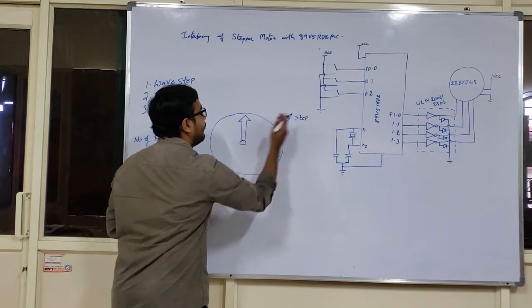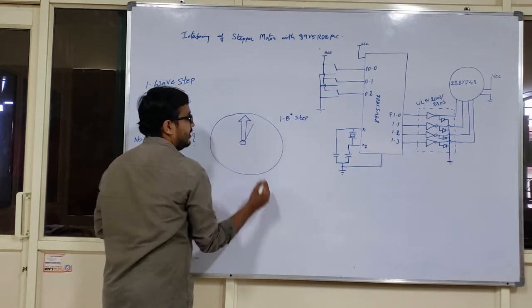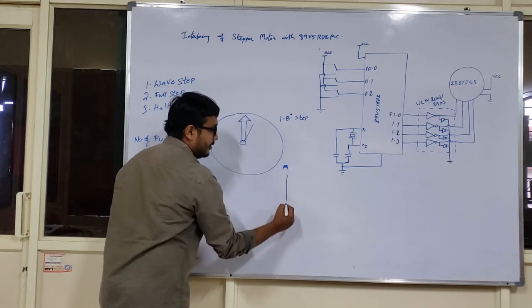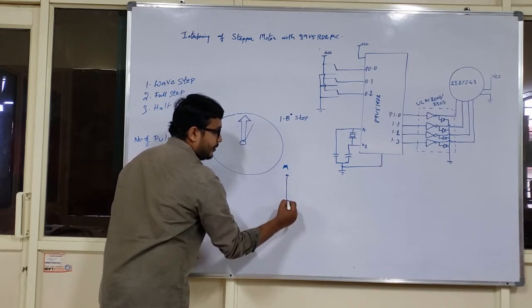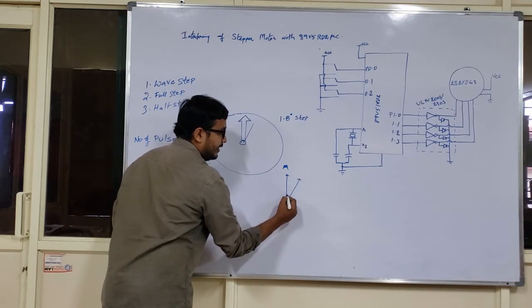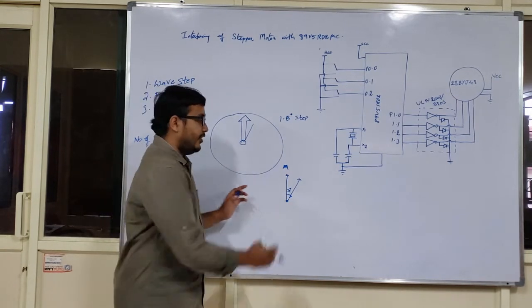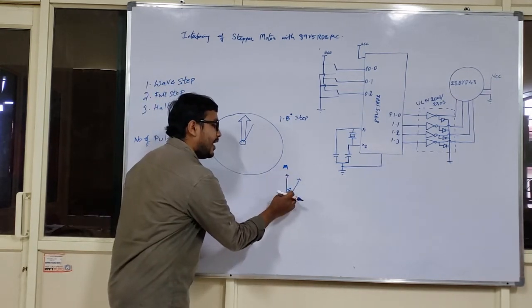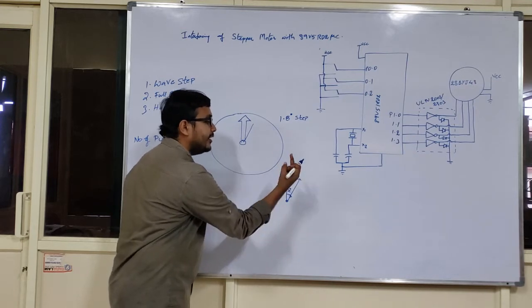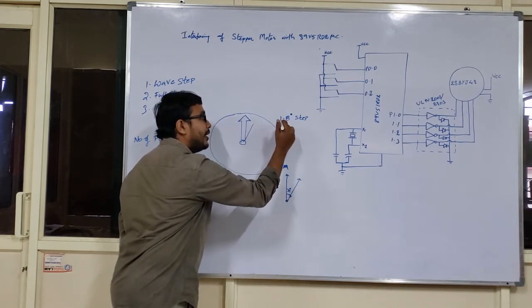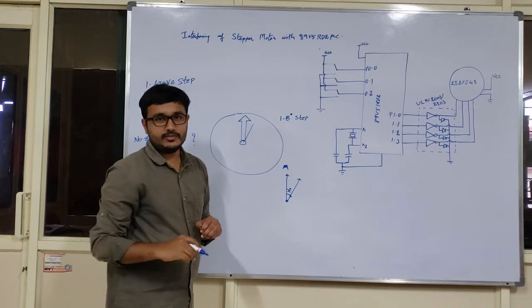For example, here my shaft position is pointing towards point A. This is my center, and from here to here, if the angle is some x degrees, this x degrees I am going to call the step resolution. This step resolution angle is making one fixed increment. That means from here to here, one increment has happened by 1.8 degrees of angular displacement.